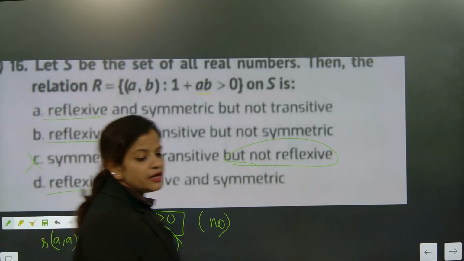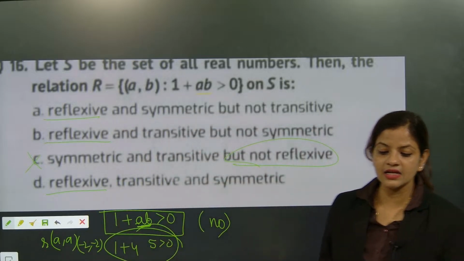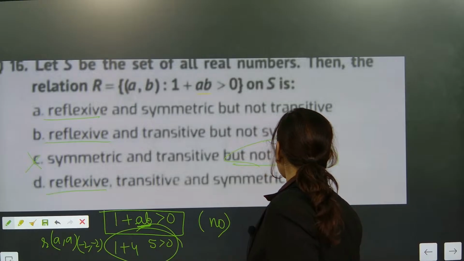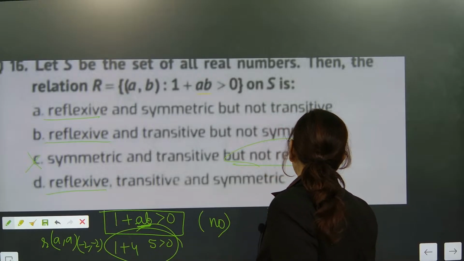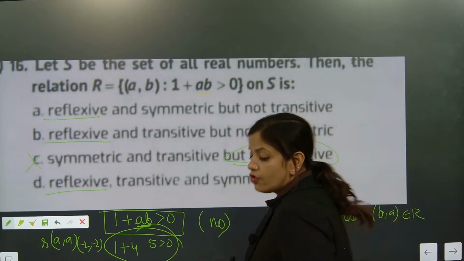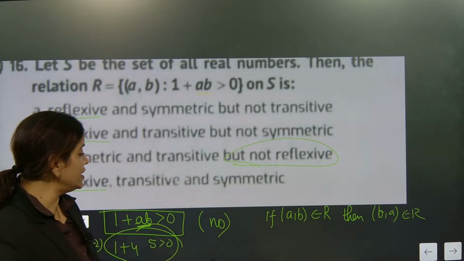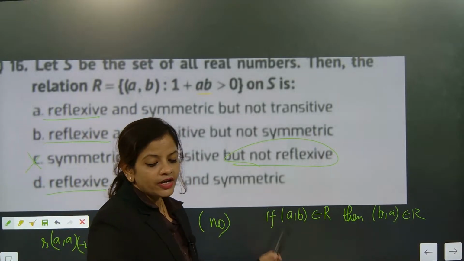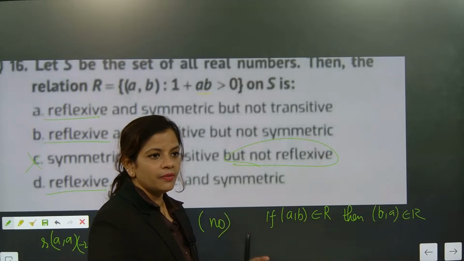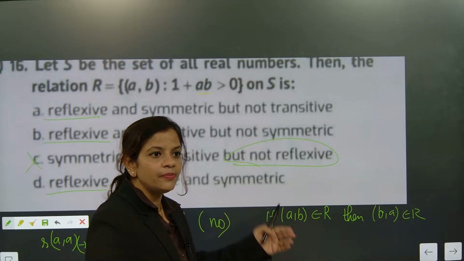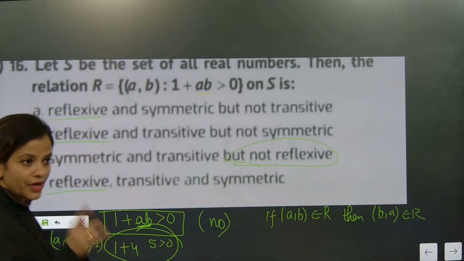Now, beta, in the symmetric relation, what is exactly given? If A comma B belongs to R, then B comma A must also belong to R. But first, A comma B belonging to R has to be there.